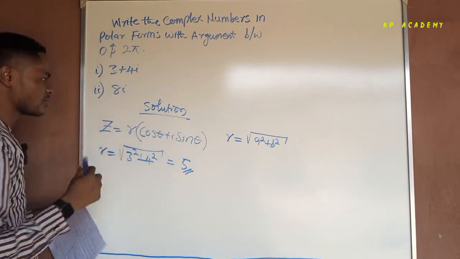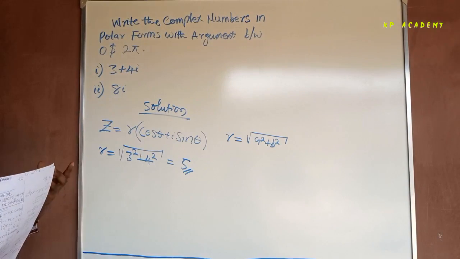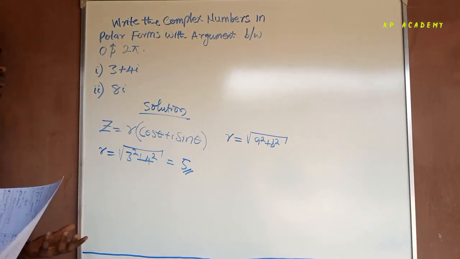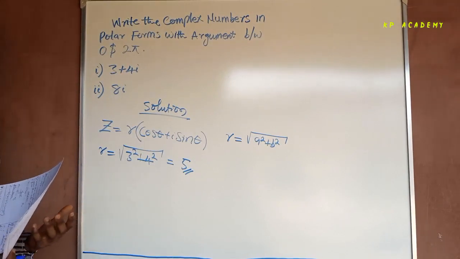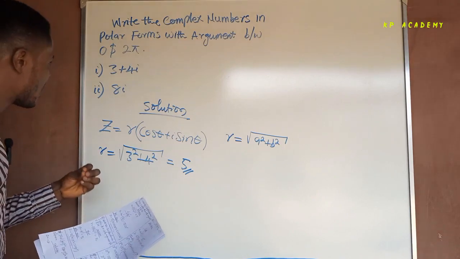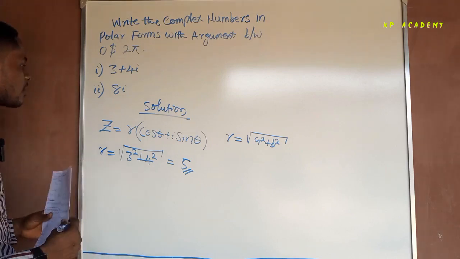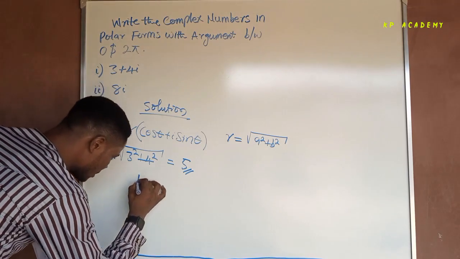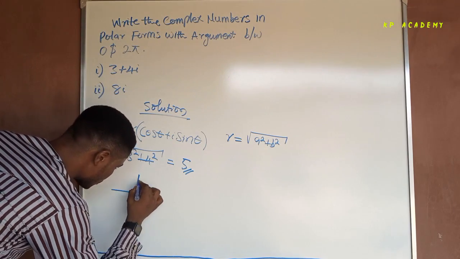What about the argument of this complex number? For us to get the argument of a complex number very clearly, we have to draw the Argand diagram of that complex number. So drawing the Argand diagram, this is the vertical, this is the horizontal.